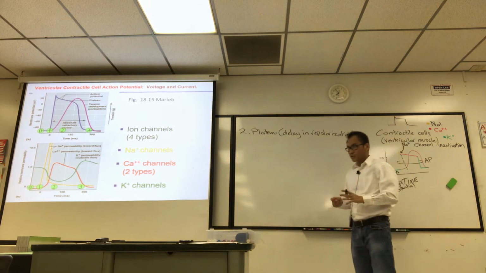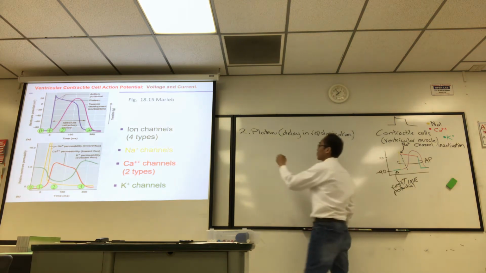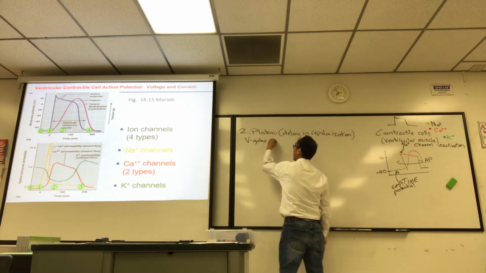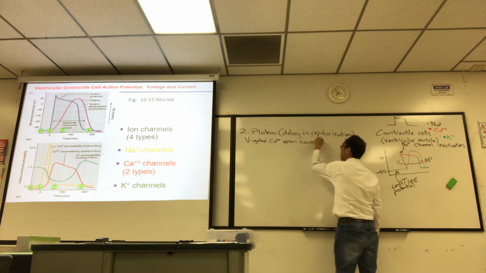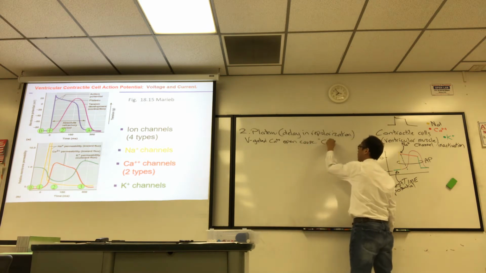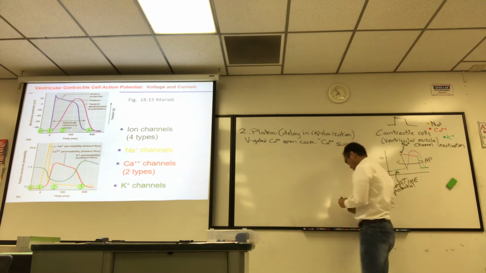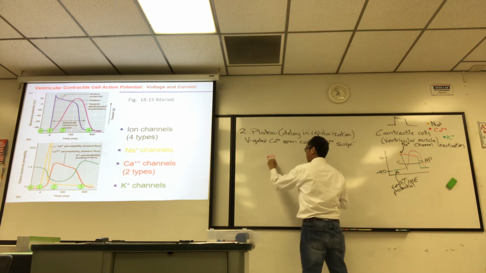What's going to happen is voltage-gated calcium channels are going to open. You're going to get this influx of calcium. It causes this, I believe your book might call it the calcium surge. Well, let's just call it that. So imagine you have calcium channels in the cell membrane. I'll just draw them like this.